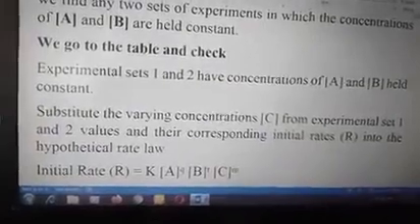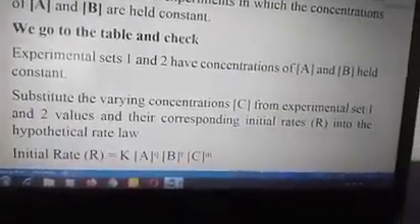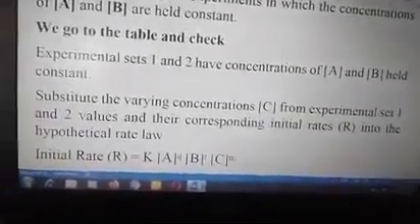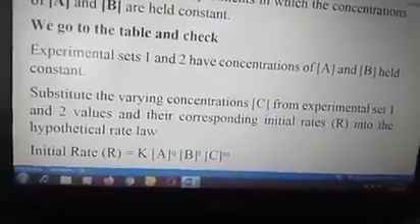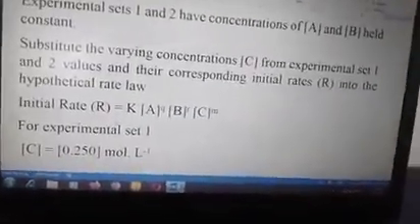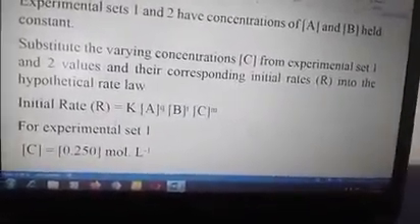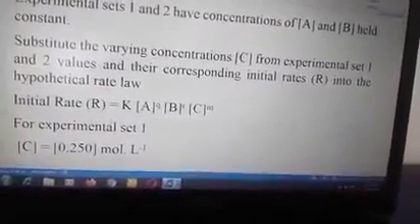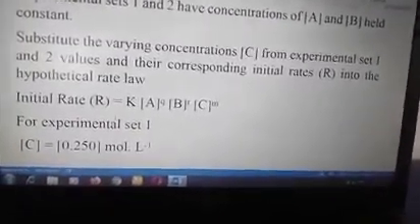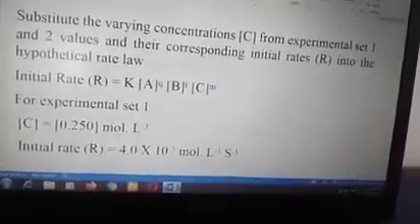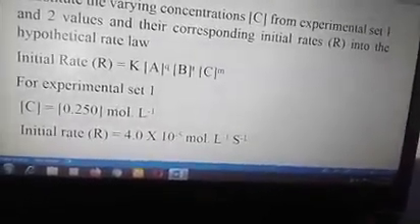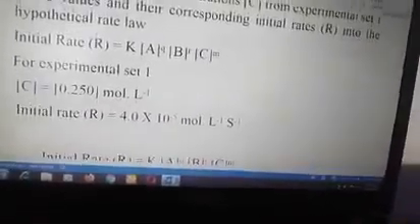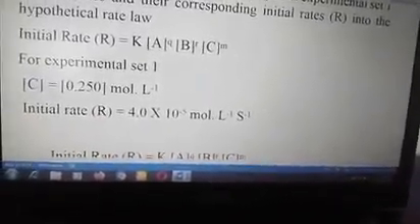We now say experimental sets 1 and 2 have the concentrations of A and B held constant. So as we are seeing, substitute the varying concentrations of C for experiment sets 1 and 2 and their corresponding initial rates into the rate law. Since A and B are constant, we ignore A and B and only use C. So from set 1, the concentration of C is 0.250 mole per liter.